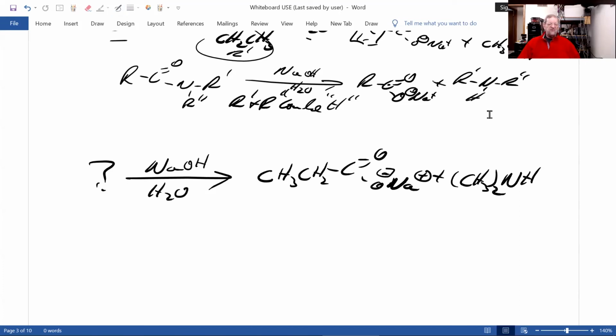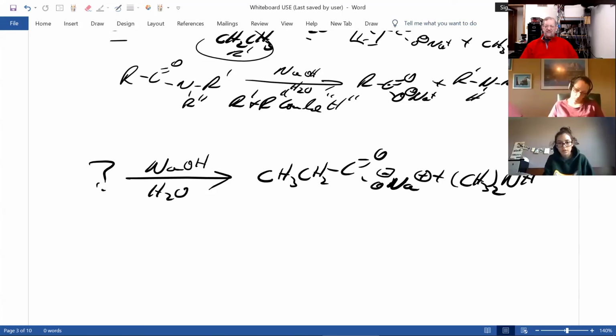And the next one is, what do you react with sodium hydroxide and water to make these two compounds? Oh, I'm working you hard today. What, you got tomorrow off?